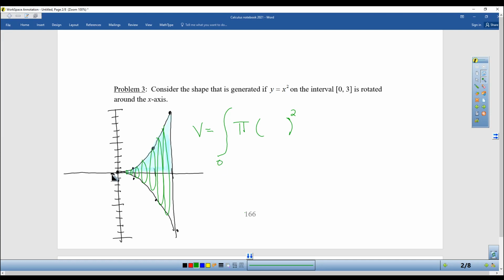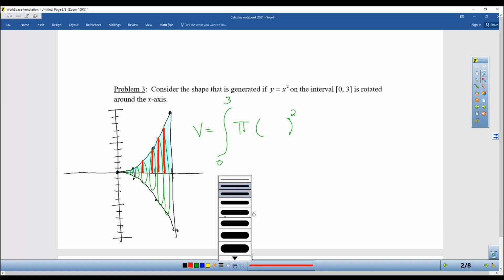I'm going to start my slicer at 0, and I'm going to keep slicing until I get to 3. And the radius is going to keep changing. So my radius of each one of these circles is going to keep changing, and it's going to change based on where the x value is following the x squared formula. So I can actually say that x squared is my formula.